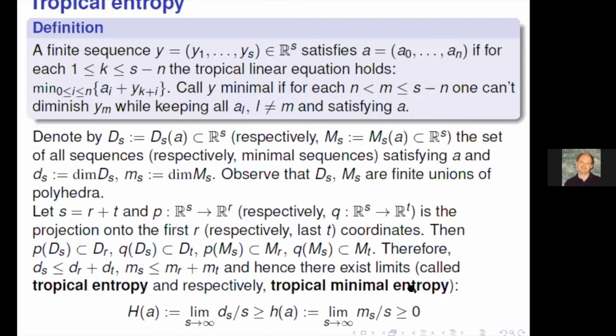These are some non-negative reals, in general clearly at most one. So these are the main definitions.